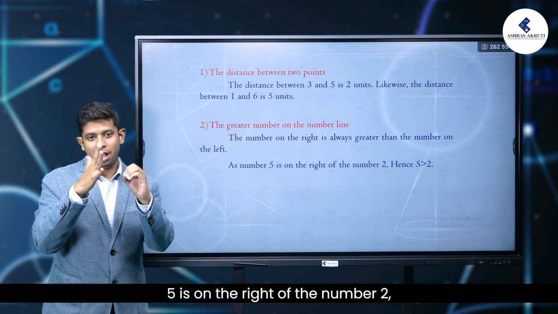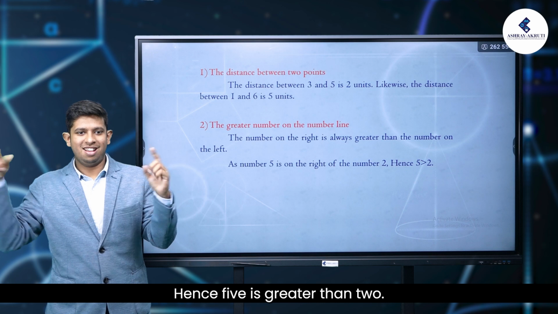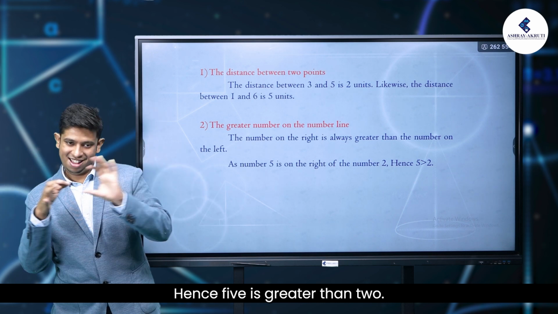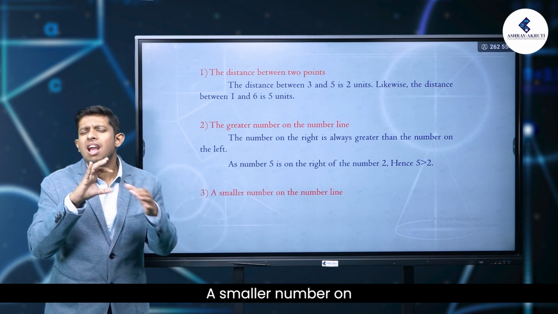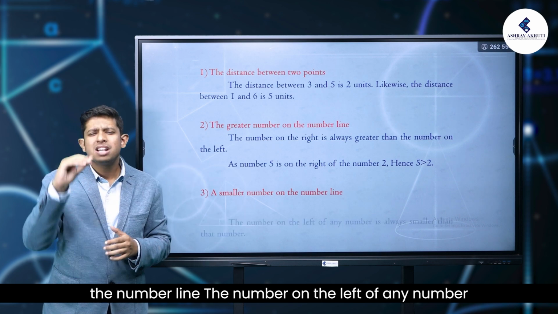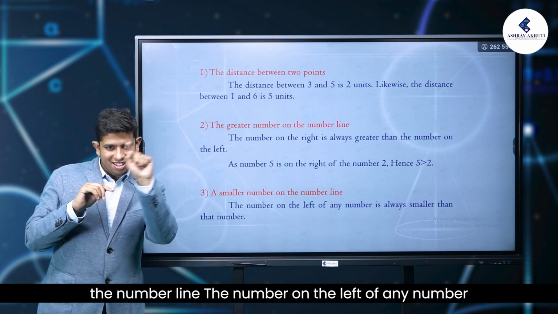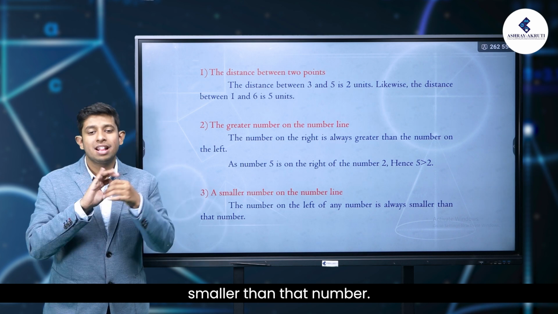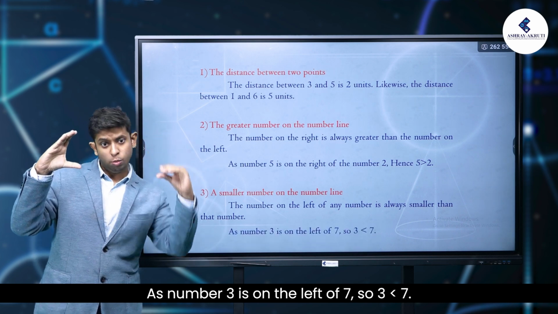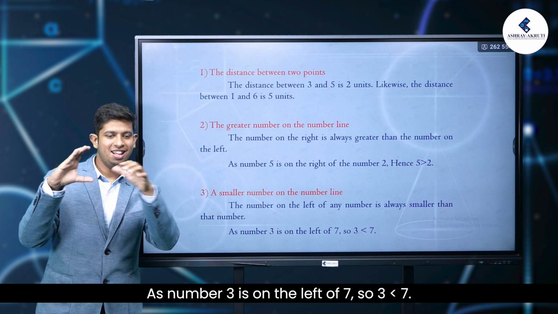As number 5 is on the right of number 2, hence 5 is greater than 2. A smaller number on the number line: the number on the left of any number is always smaller than that number. As number 3 is on the left of 7, so 3 is less than 7.